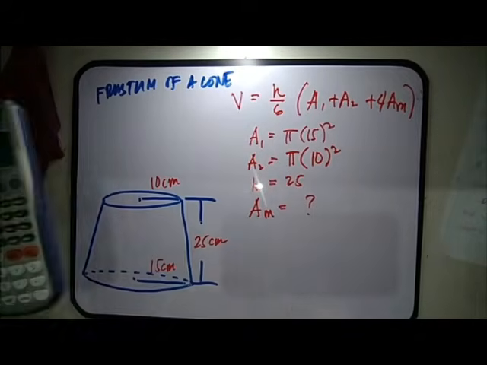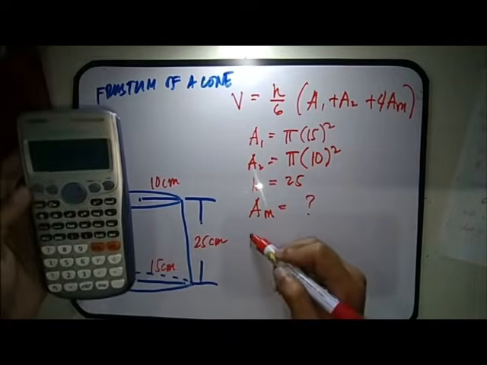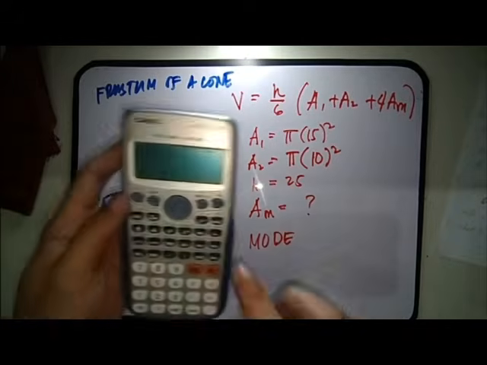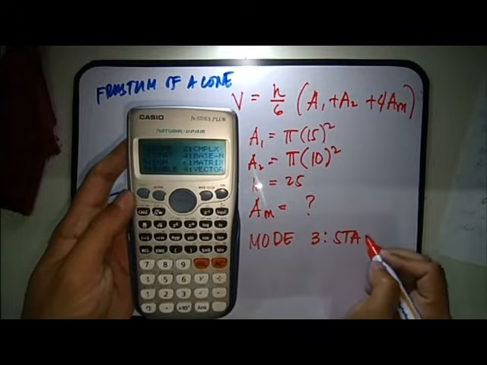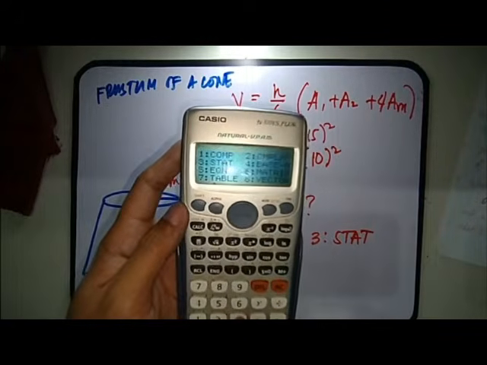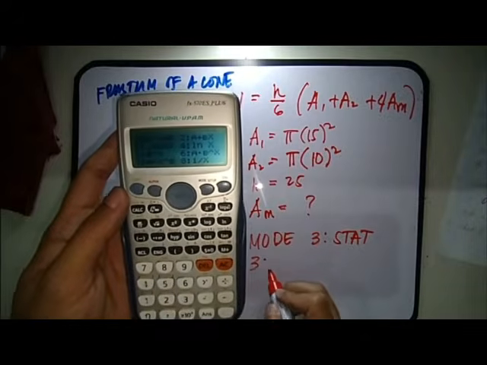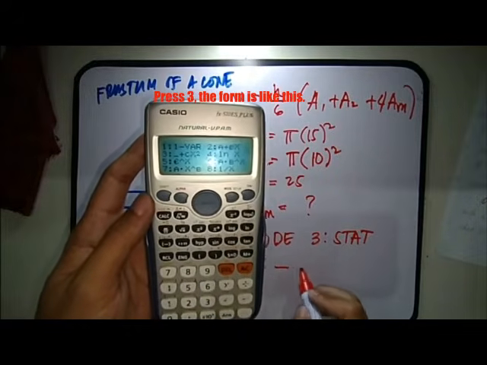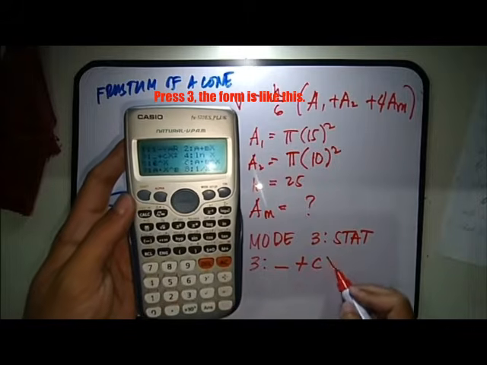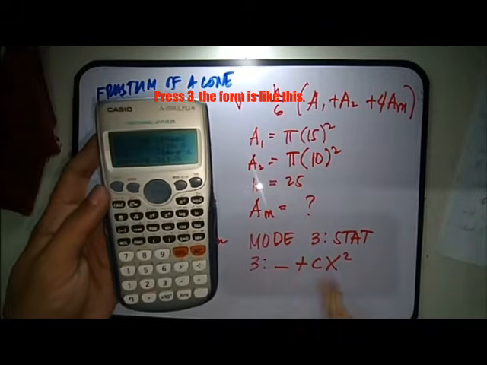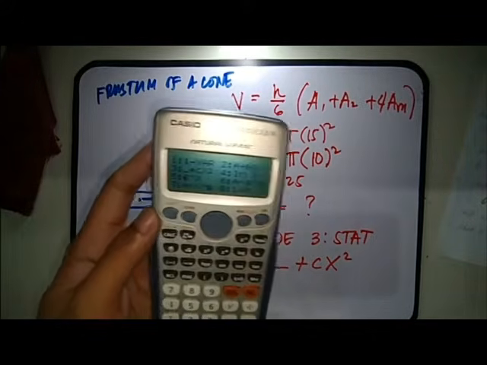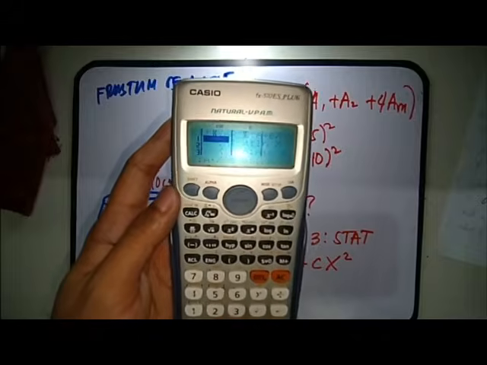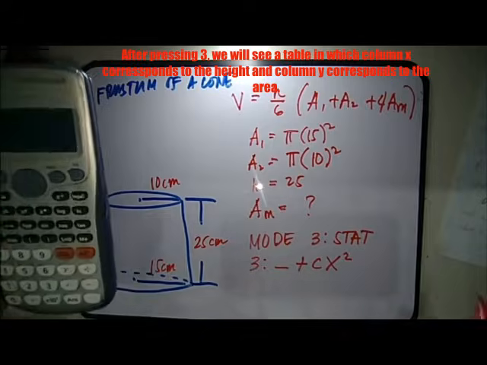So that is mode, then stat, which is 3. Then go to 3, and it will look like this, that is plus cx squared. There, once we select that, we will see a table. So that is x and y. So let's write the table here.